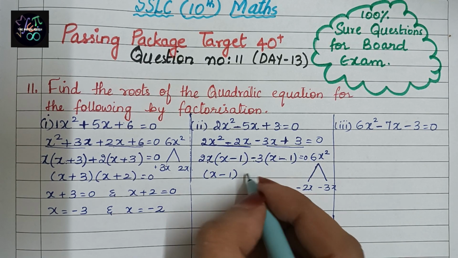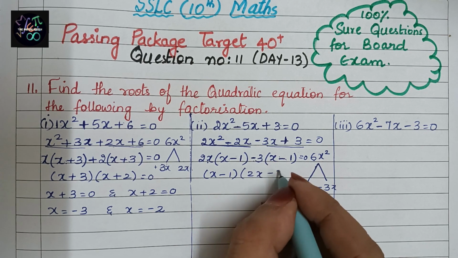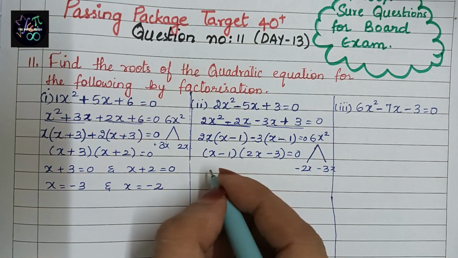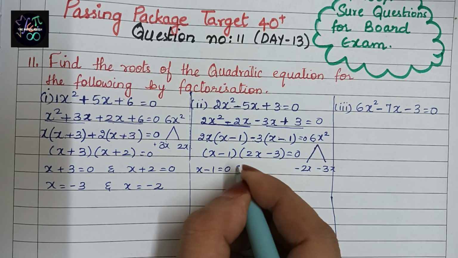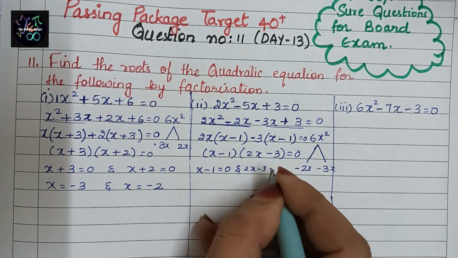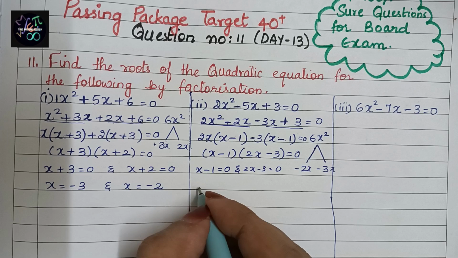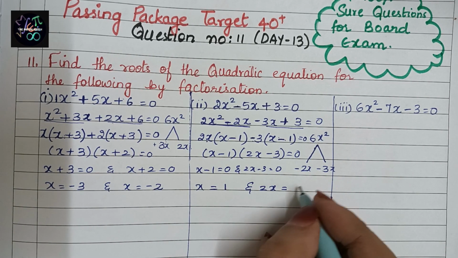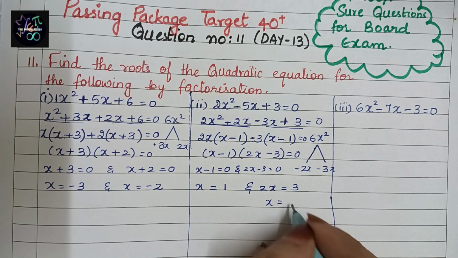What remains? 2x minus 3 remains equal to 0. Now let us write properly. x minus 1 equal to 0 and 2x minus 3 equal to 0. Therefore x is equal to 1 and 2x is equal to 3 if we take this side, so x is equal to 3 by 2.